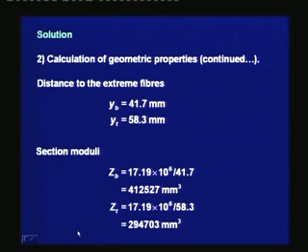Distance of the extreme fibers is given as 41.7 and 58.3, and the section modulus for the composite transformed section can be calculated by the I divided by the respective Y values, which gives the section moduli.